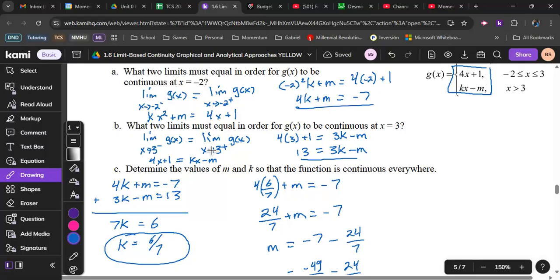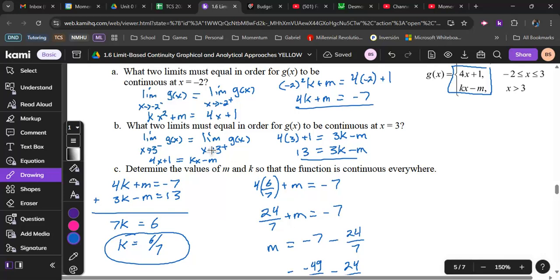Let's say neither of those were helpful. Maybe I need to multiply this one by one number and this function by another number so that they are going to be the same coefficient and they'll cancel. Or I just do substitution at that point, probably, right? Like I tend to do elimination if it's easy and substitution if I got to do a bunch of work, okay? That's where I solve one of the equations for m or k and plug it into the second equation.